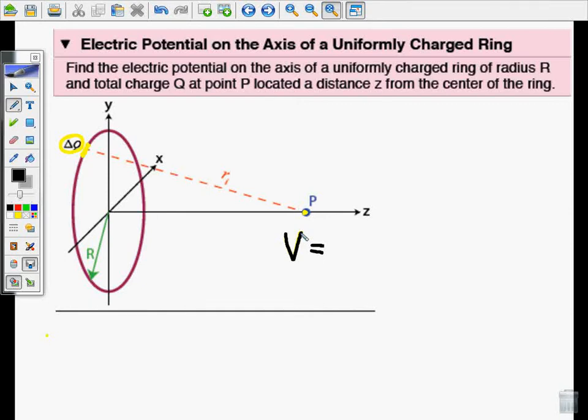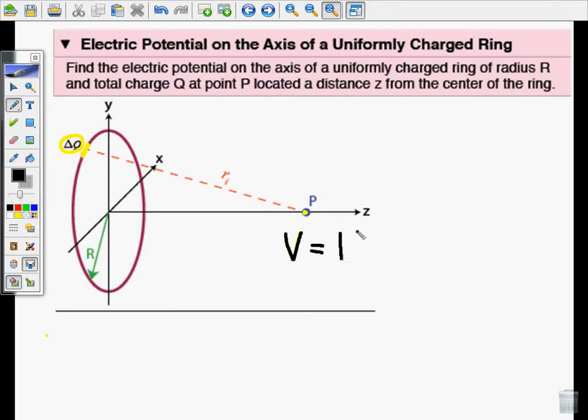What's the expression for the electric potential? That little piece is how far away from P? R sub i.